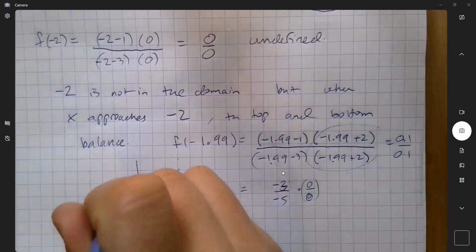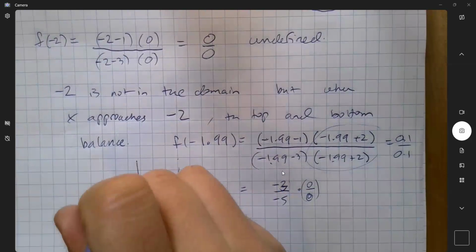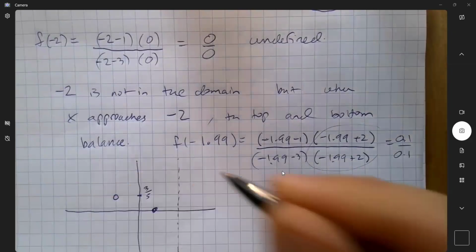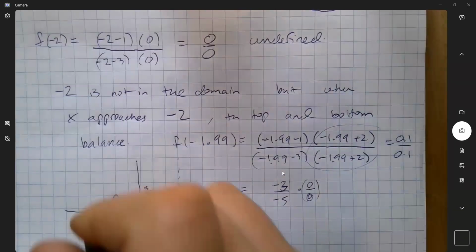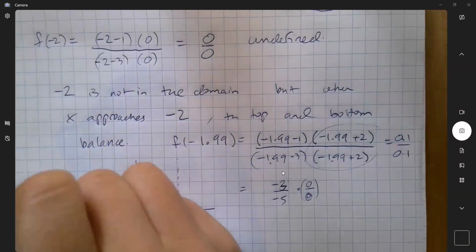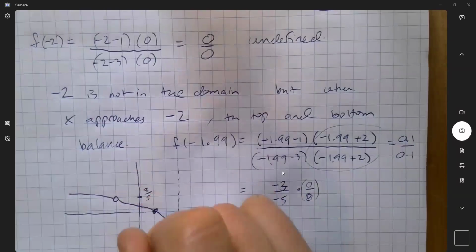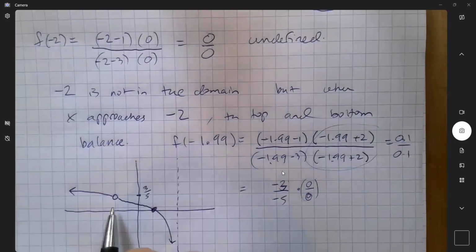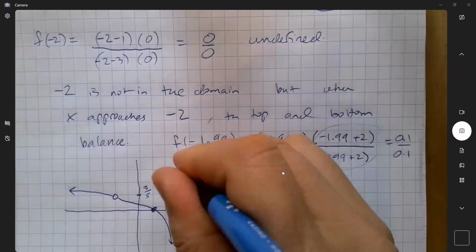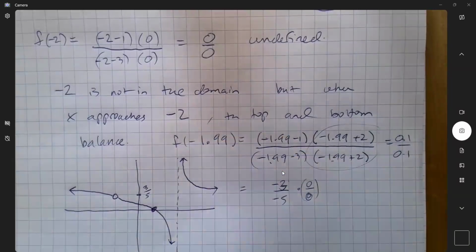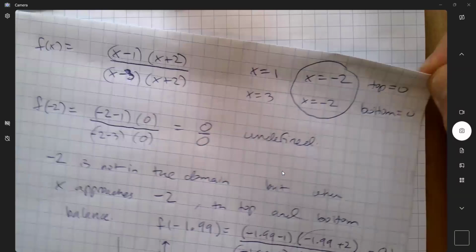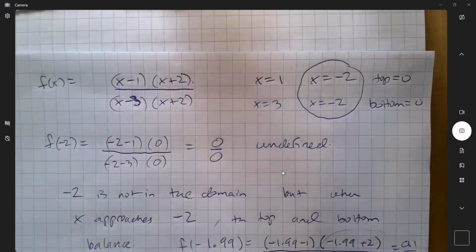So when x is -2, my function doesn't exist, but it's very close to a height of -3 over -5, or 3/5. So my function will go right through here and then just skip and leave a hole, and then it'll come down like so. This is what we mean by holes, when the top and the bottom have the same factor with the same multiplicity.